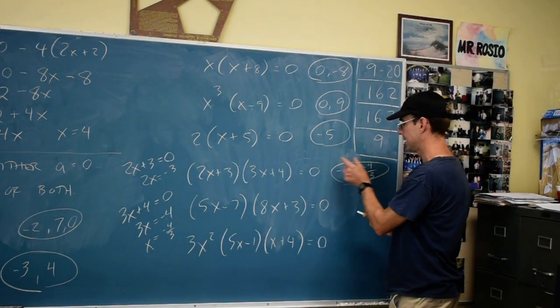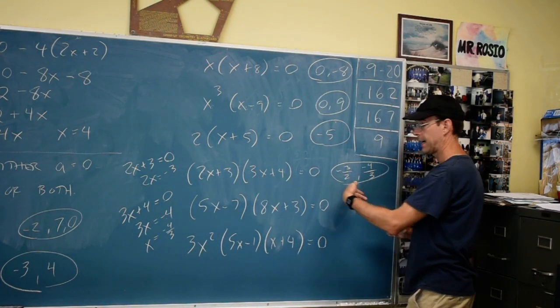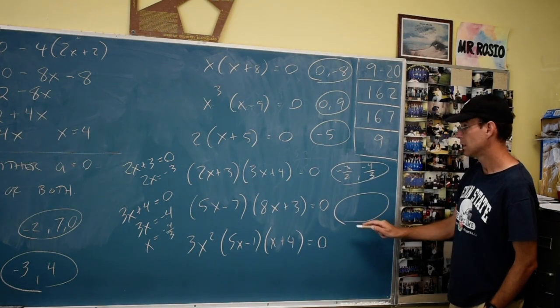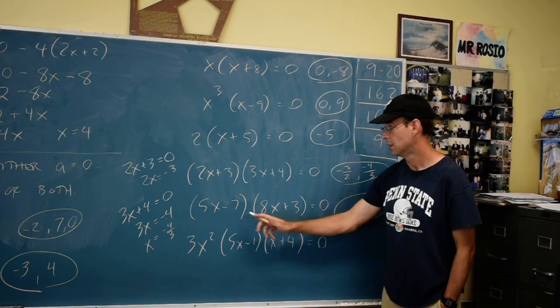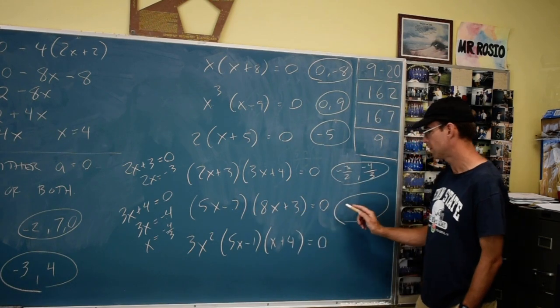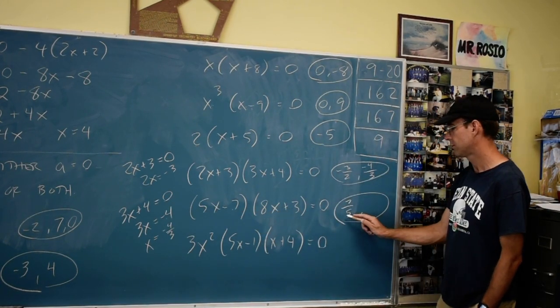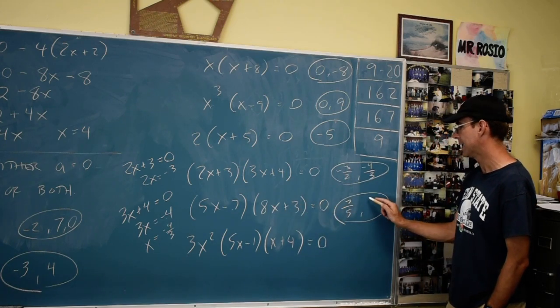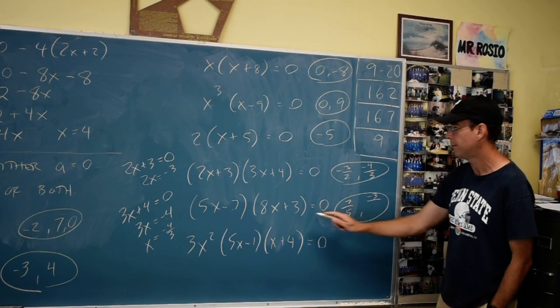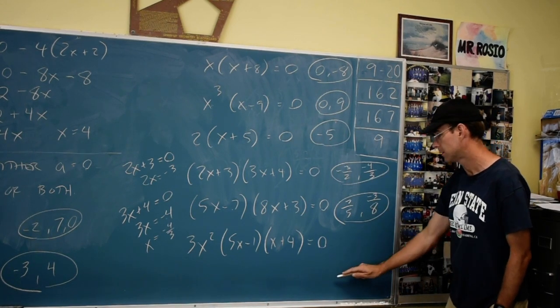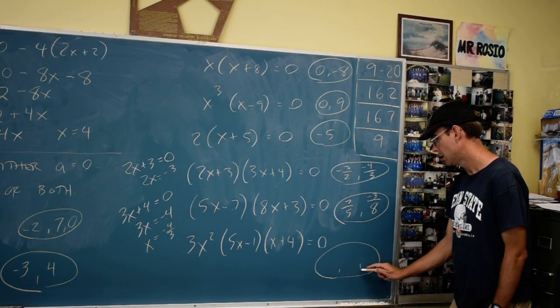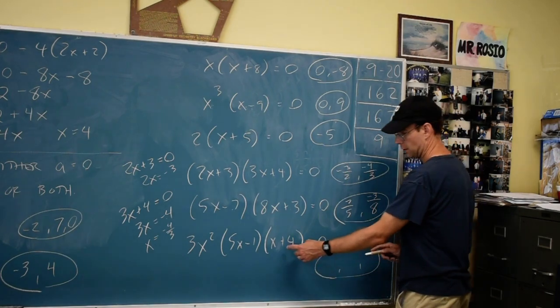It's always sign change for the top, number with x to the bottom. So this will have 2 answers. This we're going to go sign change for +7 for the top, on top of the 5. For this one we go sign change on the 3 for the top, divide by the 8.